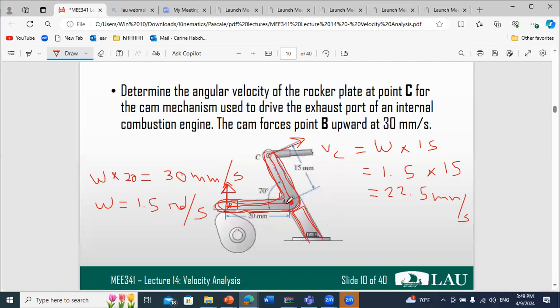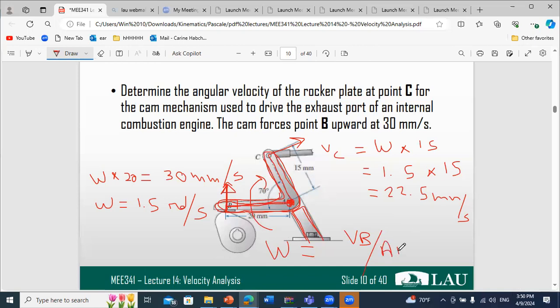So this is pin connected to ground at A. And since A is fixed, this means that we have pure rotation of link ABC about A. So first, since we know that the velocity of B is vertical and we know its magnitude, we can deduce from the right-hand rule that the link is rotating clockwise. And now to find omega of the link, all we have to do is to divide the velocity of B by the distance from A to B, which is the radius of rotation.